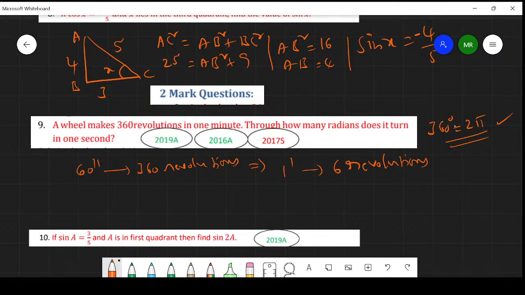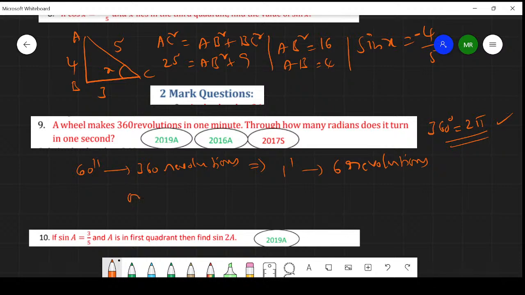For each revolution, it makes an angle of 360 degrees or 2 pi radians. But they are asking how many radians it turns in 1 second. In 1 second, it makes 6 revolutions, and every revolution makes an angle of 2 pi radians.